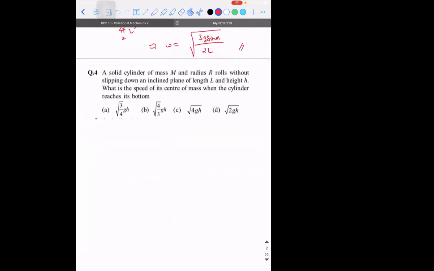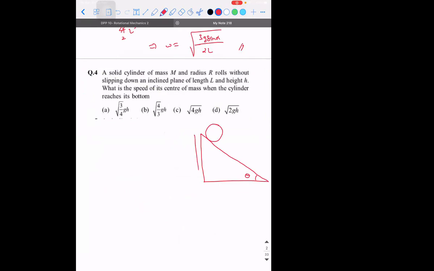Listen. There is an inclined plane. Let's say the angle of inclination is theta. On this inclined plane, there is an object rolling. It can be any object as well.